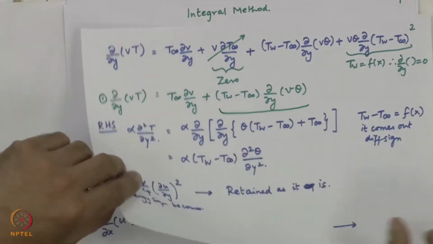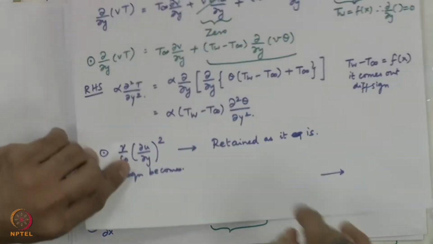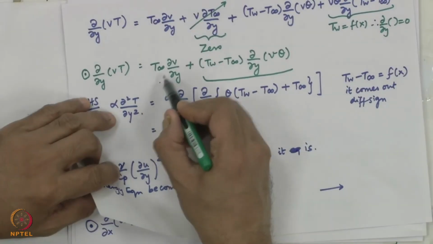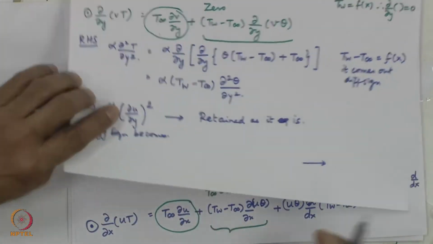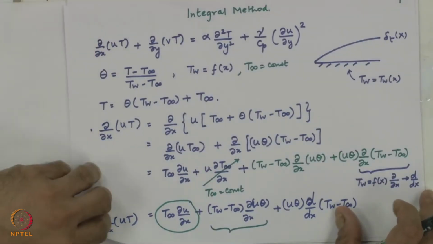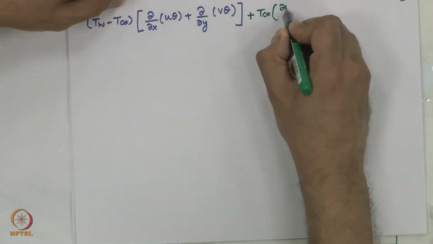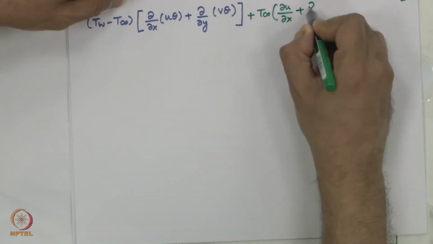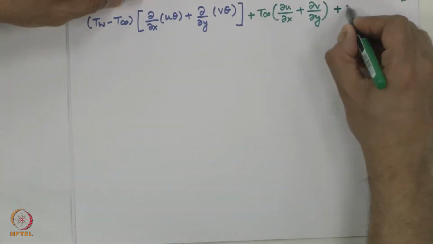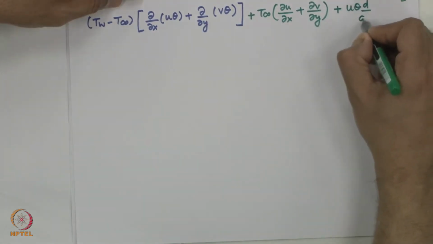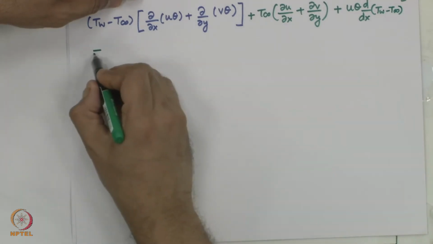Okay. I am left with three other terms, this one and this one. So, T infinity will come out common between these two, du by dx plus dv by dy. So, T infinity times du by dx plus dv by dy, this is the continuity equation, plus u theta d by dx of T wall minus T infinity as it is.